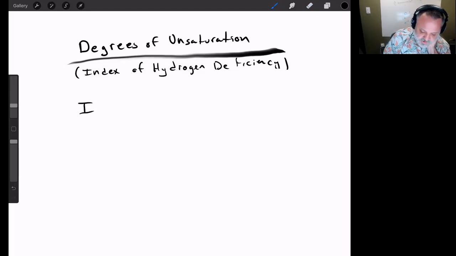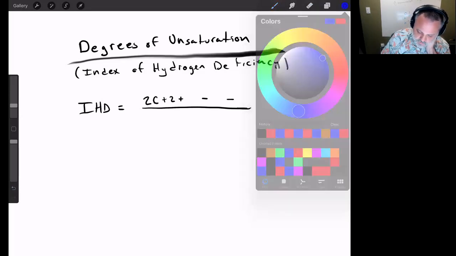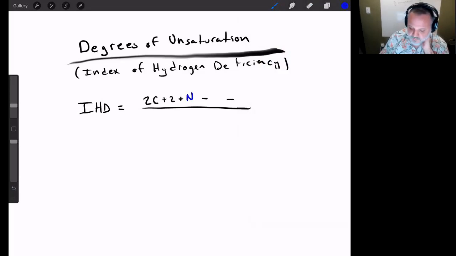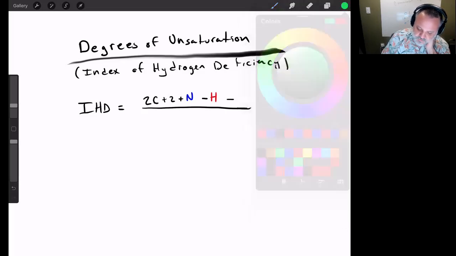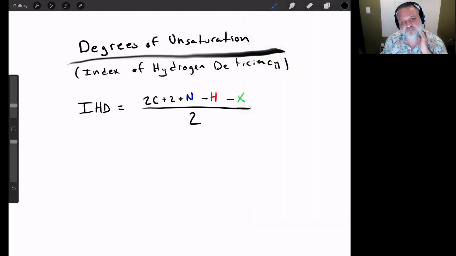So the index of hydrogen deficiency equals 2 times the number of carbons plus 2, plus the number of nitrogens, minus the hydrogens, minus the number of halogens, all divided by 2.